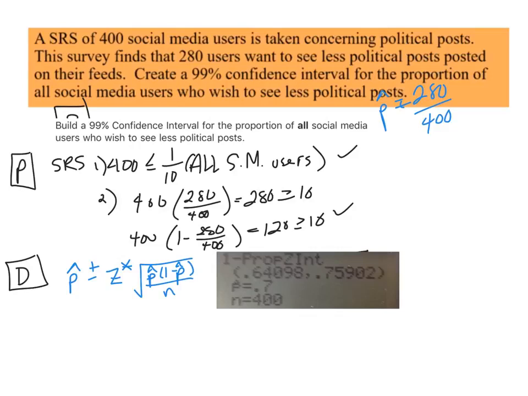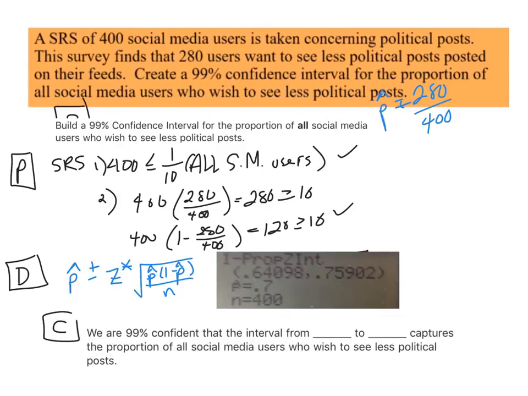And now the last thing is, let's conclude now that we have the numbers. Okay, we are 99% confident that the interval from 0.64 to 0.76 captures the proportion of all social media users who wish to see less political posts.